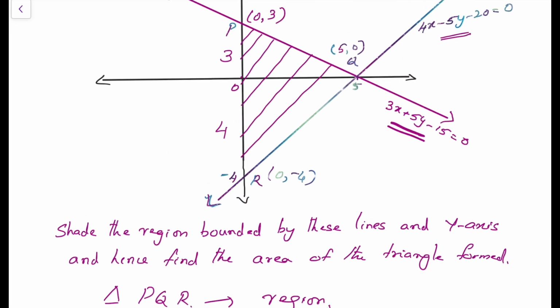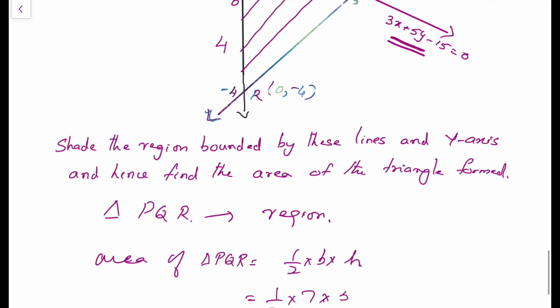This is the perpendicular distance, so it is 5. So 35 by 2, 17.5 square units. This question also generally comes in your exam. So practice using the graph, try to draw the lines, find the bounded region and find the area of the triangle.